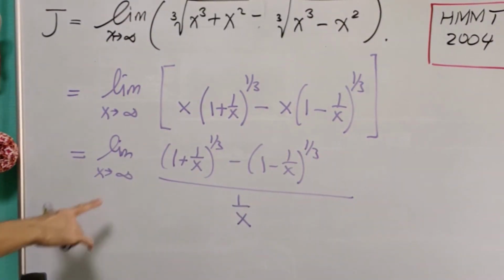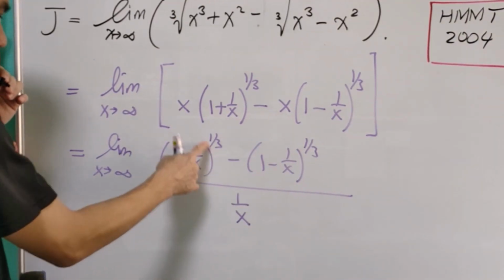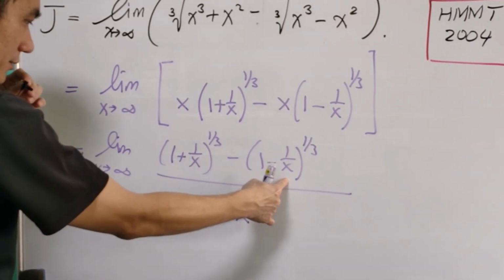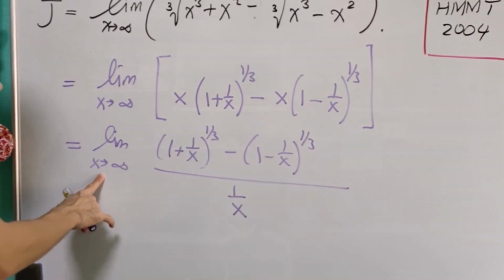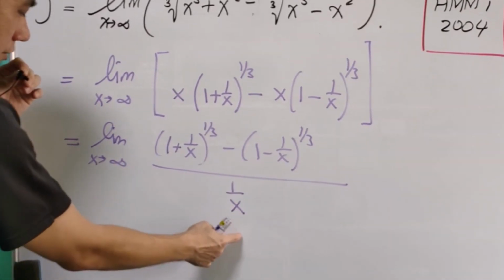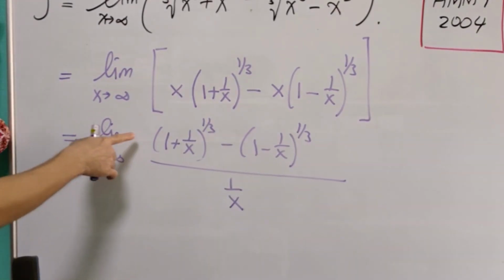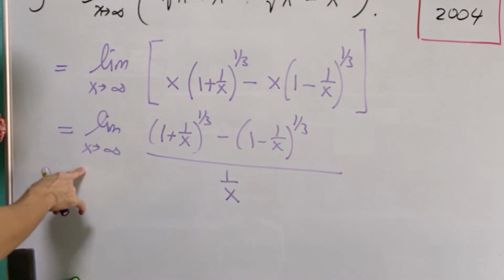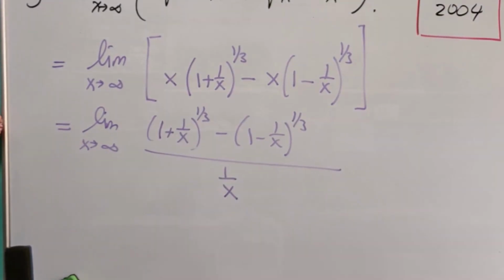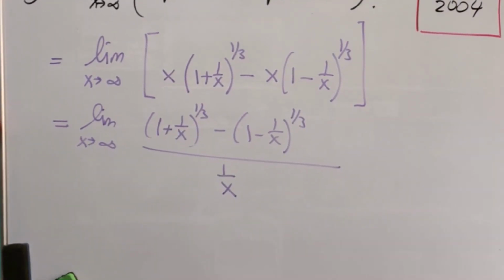Notice that when I substitute x equals infinity, this is 1, this is 1, so 1 minus 1 is 0. And 1 over infinity gives me 0. So both the numerator and denominator tend to 0 when x is big enough, and therefore, we can use L'Hopital's rule.